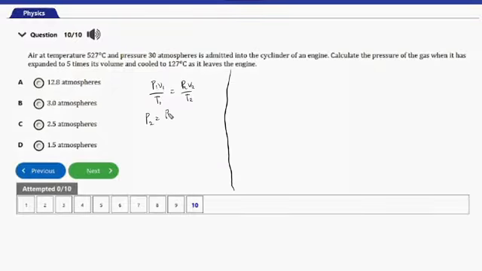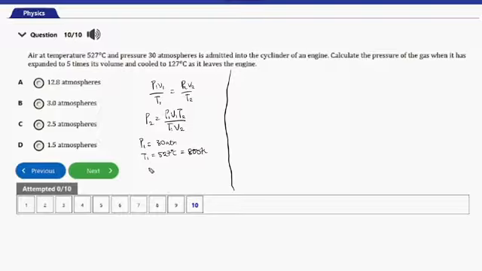So P2 here is going to be P1 V1 T2 over T1 V2. So guys, if we state out all the parameters here, let's note that P1 is 30 atmosphere, and then T1 is 527 degrees Celsius. If we convert this to Kelvin, we're just going to add 273, and that will give us 800 Kelvin.